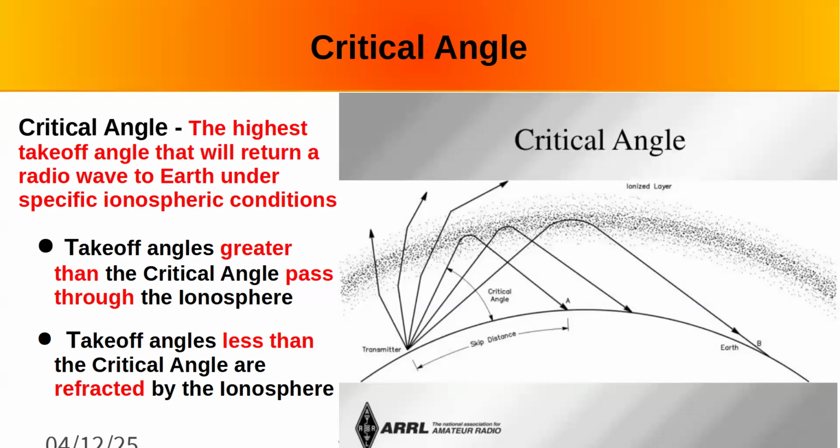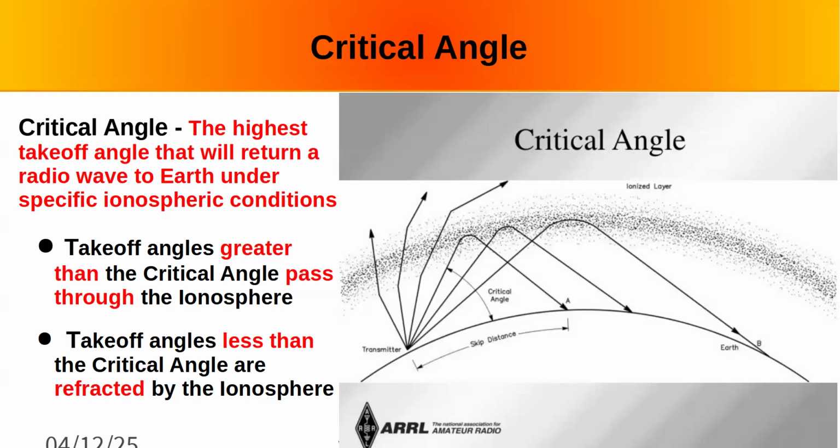I'm not exactly sure why you would care about getting close to the critical angle unless for some reason you specifically wanted to get a station that was that distance away. Because if you're going for the low takeoff angle there, it's in the middle of the skip zone, so you're not going to make contact at the low angle. It's basically a dead zone.